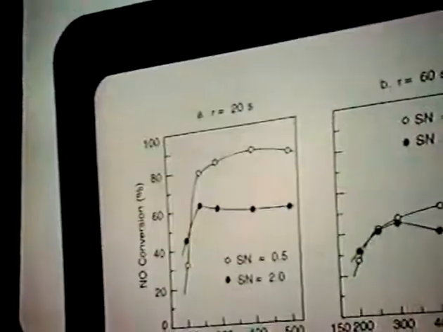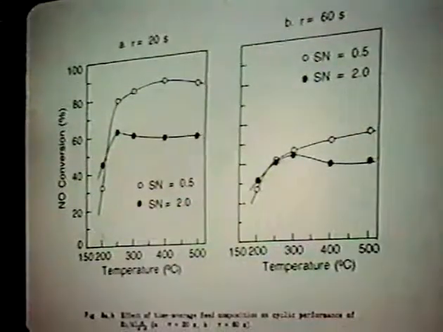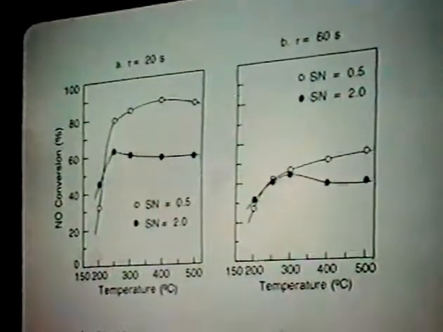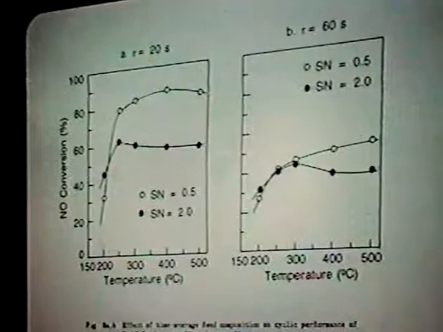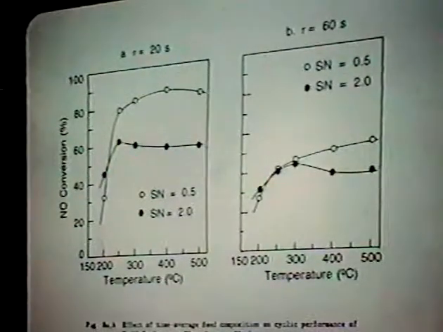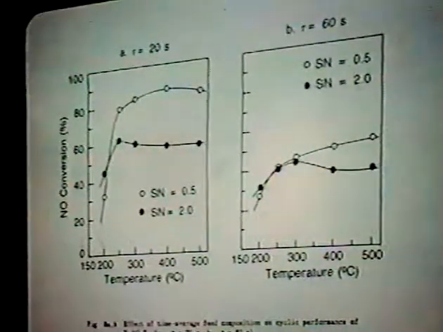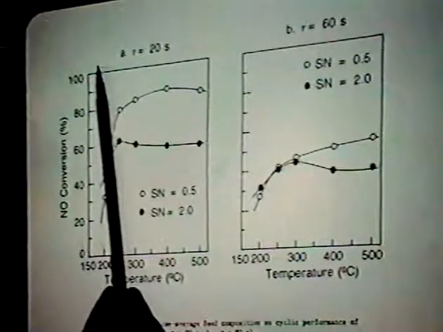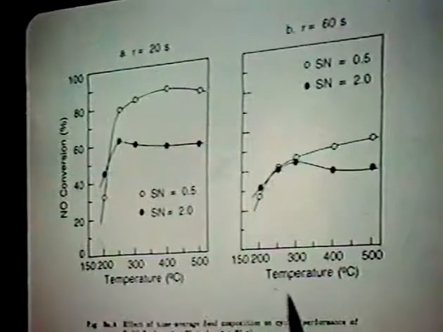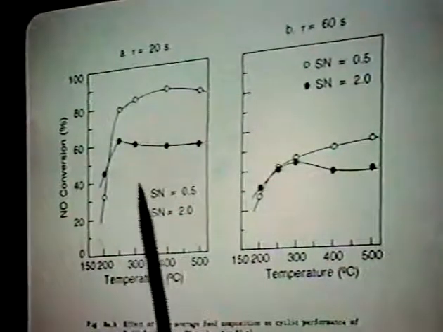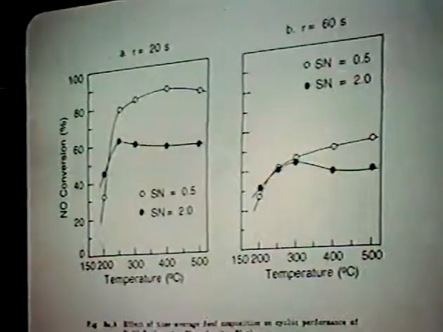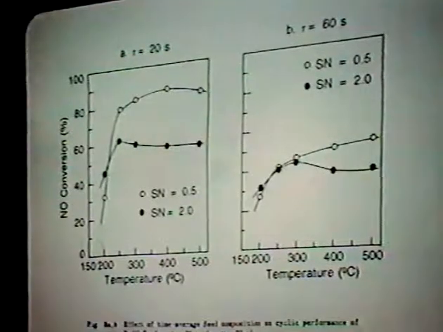Changing the subject a little bit, we also examined the effect of time average feed composition during this cyclic operation. As we see here, in both cases, above the reaction light-off temperature, when we increase the carbon monoxide concentration, the catalyst performance improves.